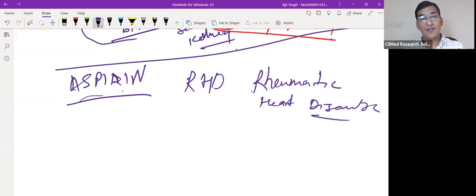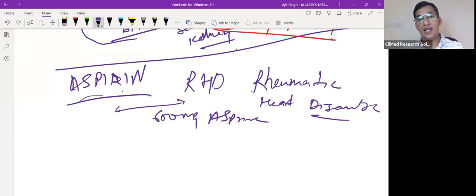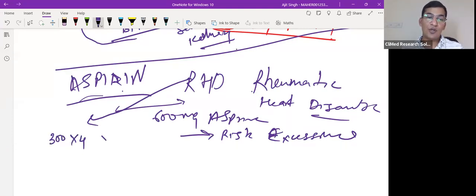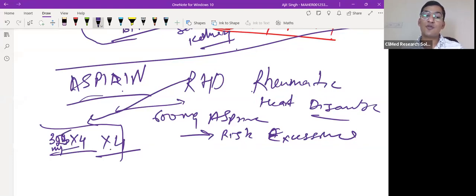We usually understand that in myocardial infarction and such cases, 600 mg of aspirin is the limit, otherwise we have the risk of excessive bleeding. But in case of RHD, we can give up to 3 or 4 tablets, 4 times a day. 325 mg actually, 4 tablets altogether, 4 times a day.